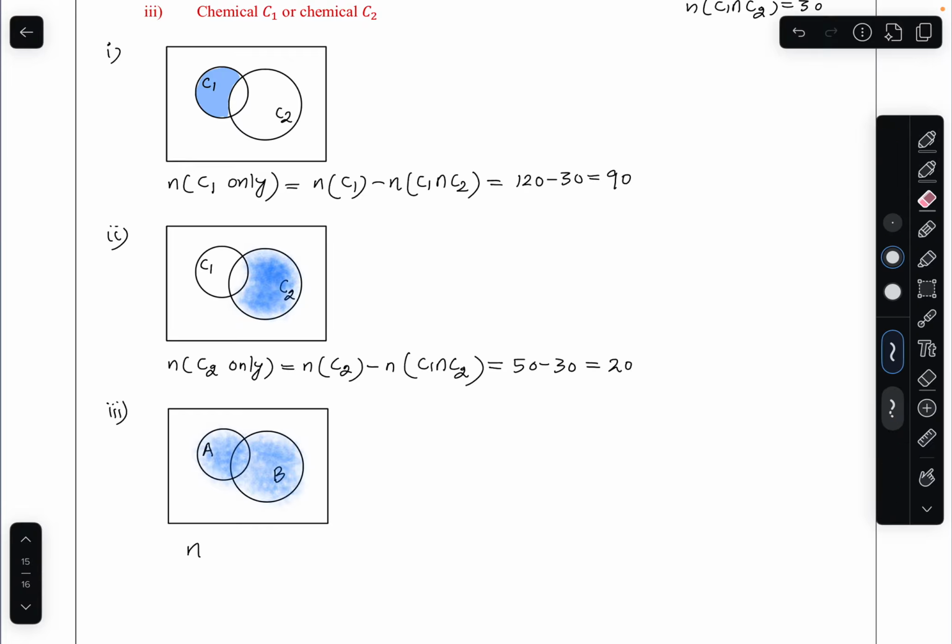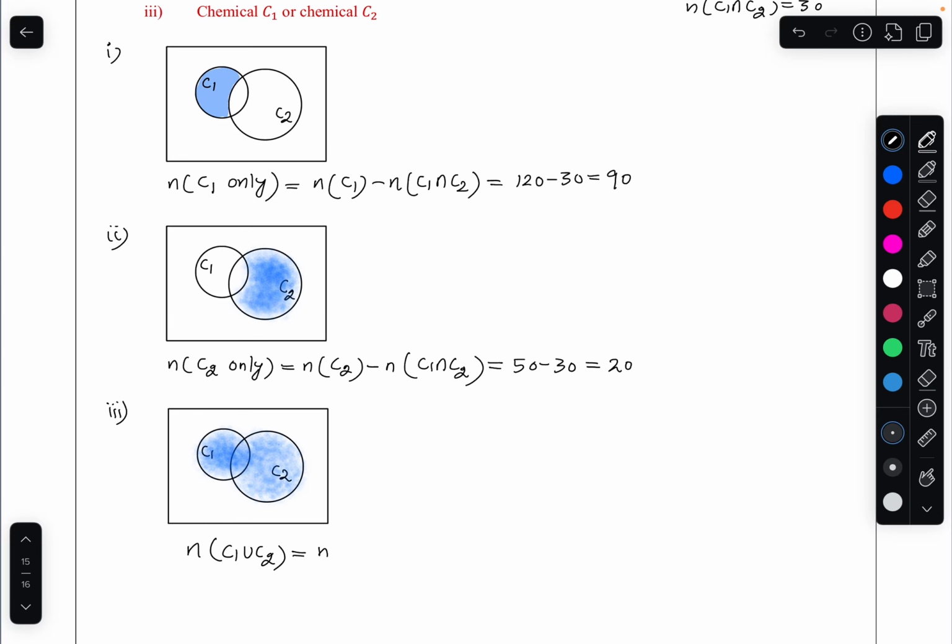So the number of elements, not A or B, it's C1, C2 here. The number of people who are exposed to either C1 or C2 would be given by the simple formula: C1 union C2 is what we are looking at.